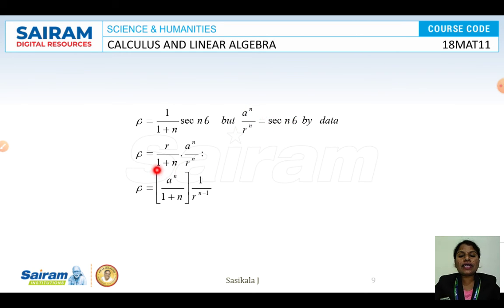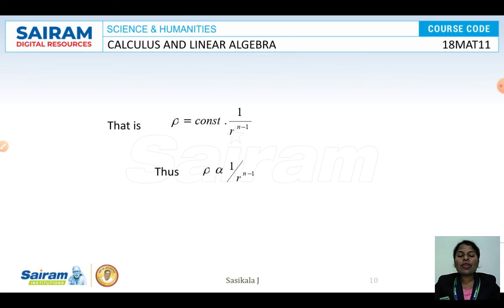Replace sec nθ with aⁿ by rⁿ. So I'll be getting r by (1 plus n) into aⁿ by rⁿ. Now rⁿ you can take to the denominator. So rⁿ⁻¹ you will get. So aⁿ by (1 plus n) is a constant into 1 by rⁿ⁻¹.